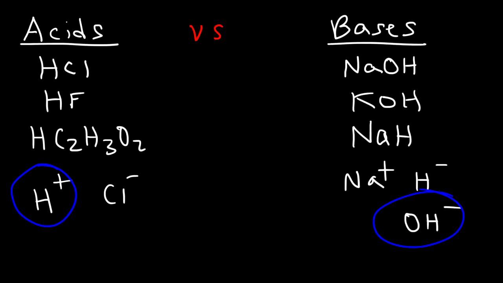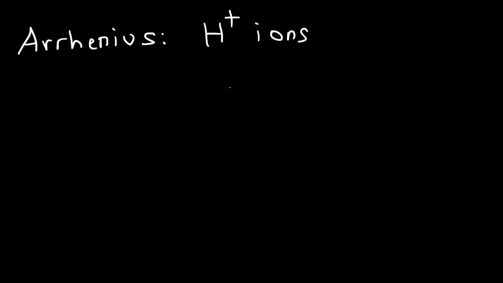Now you need to understand the Arrhenius definition of acids. Acids are substances that release H+ ions into the solution. Hydrogen ions are equivalent to hydronium ions in water.